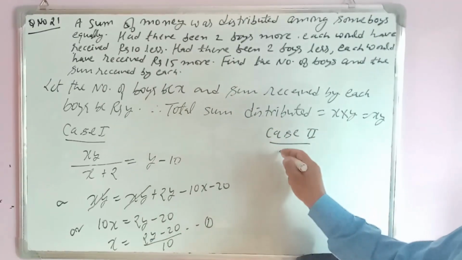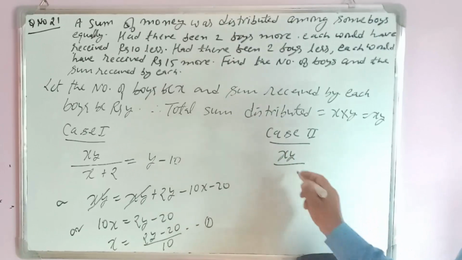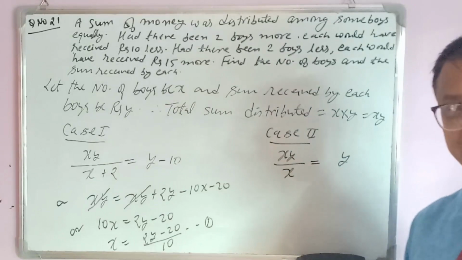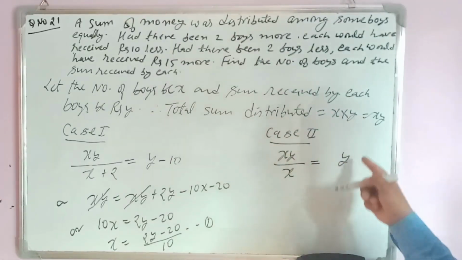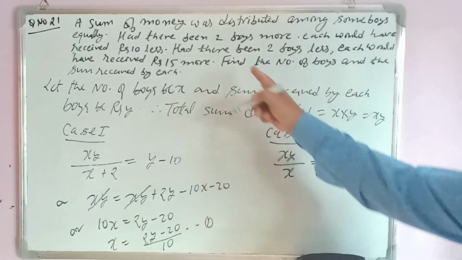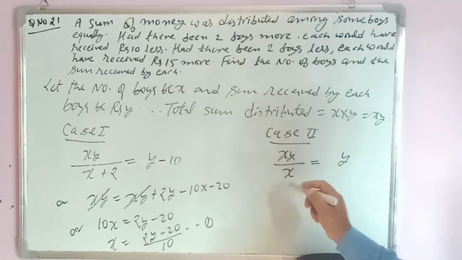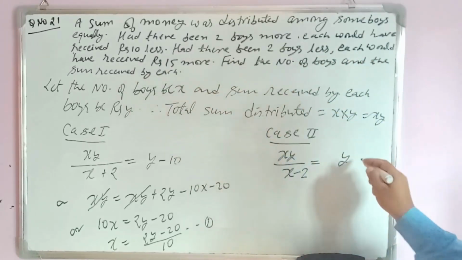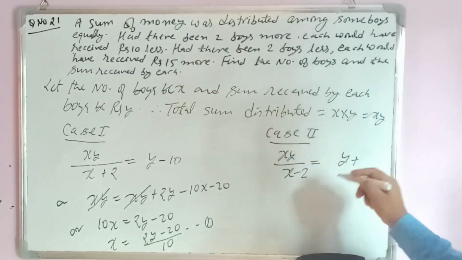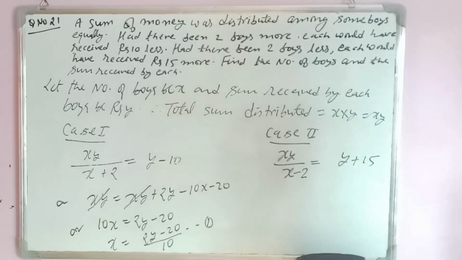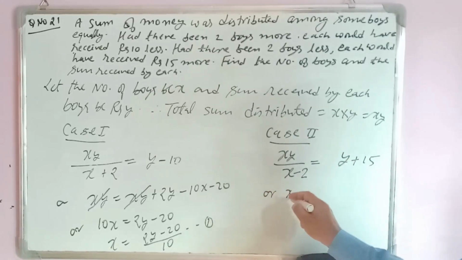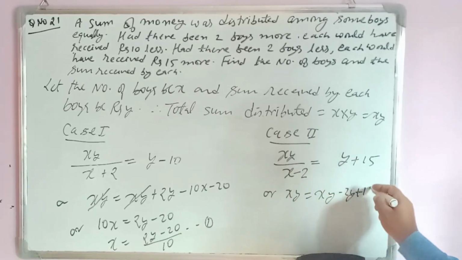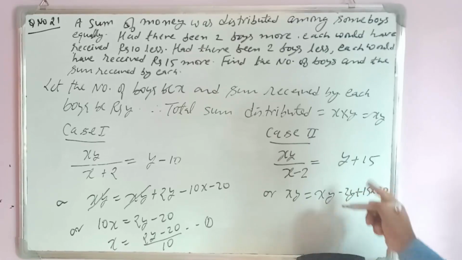Case 2 uses the same method. Once again, the total money xy is needed to distribute among x boys, and each boy will get rupees y. Now case 2: had there been two boys less, x minus 2, each would have received rupees 15 more, y plus 15. Cross multiply: xy equals xy minus 2y plus 15x minus 30.